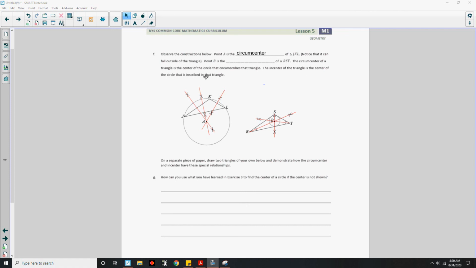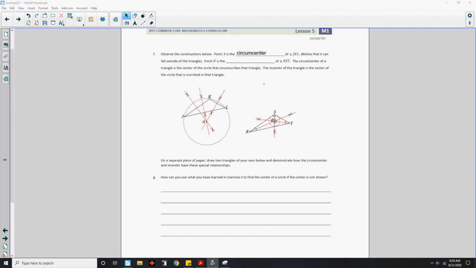Okay, what we haven't done yet, and I want you to take a look at this, is point B. Point B is the blank. So in this triangle, we took angle bisectors. So this segment is the bisector of angle S, this one is the bisector of angle T, and this one's the bisector of angle R. They all meet at the same point inside this triangle.